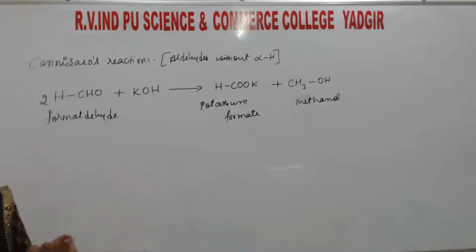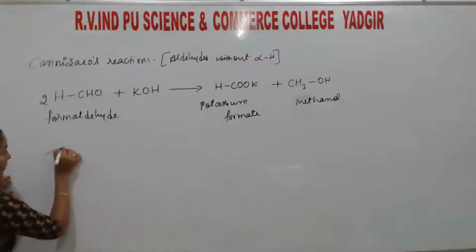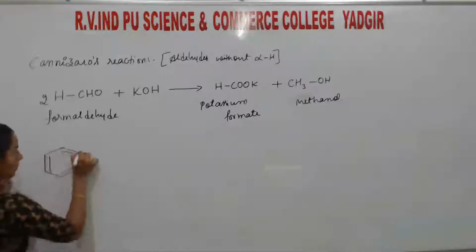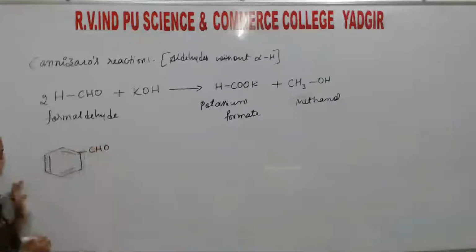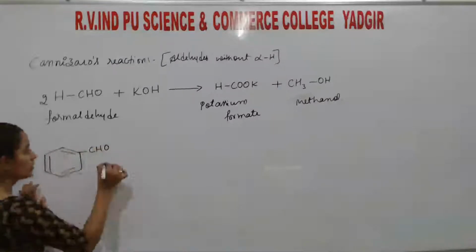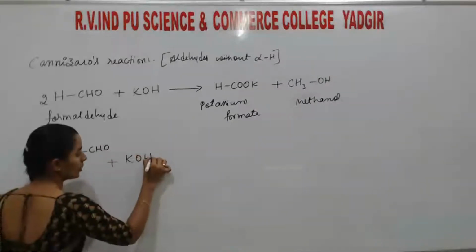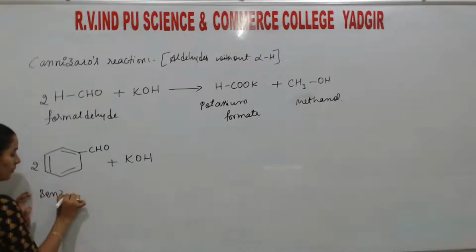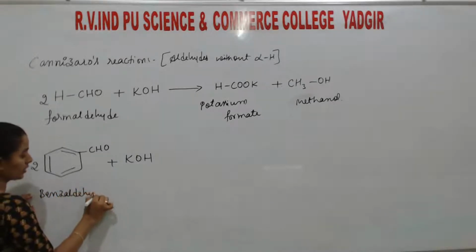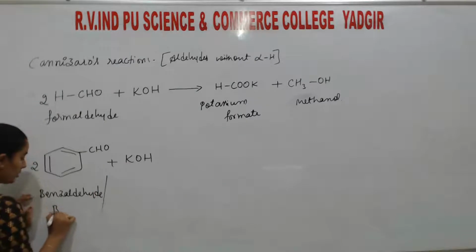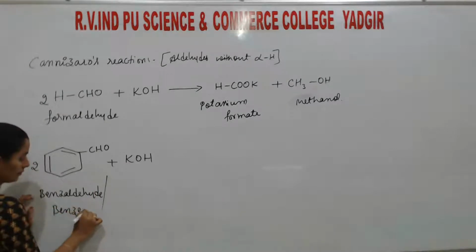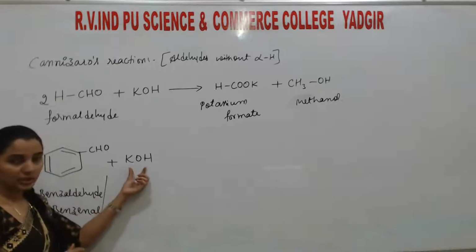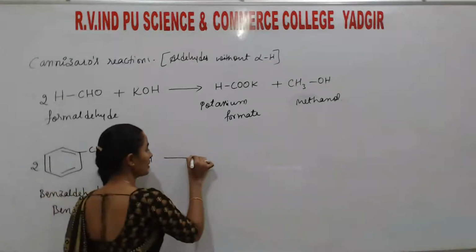Okay, so if we consider benzene, of course this also does not contain alpha hydrogen. So listen, yes, with KOH, here it is 2 moles. This one is what? Benzaldehyde, or you may take benzenol. When benzaldehyde is treated with KOH, of course what will it form?